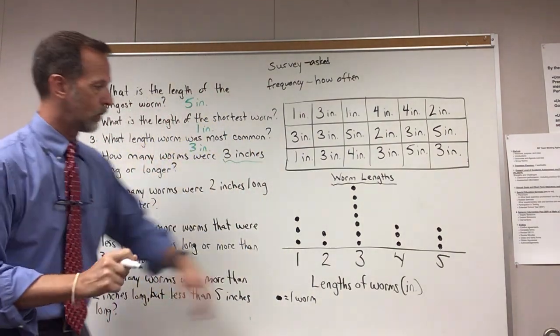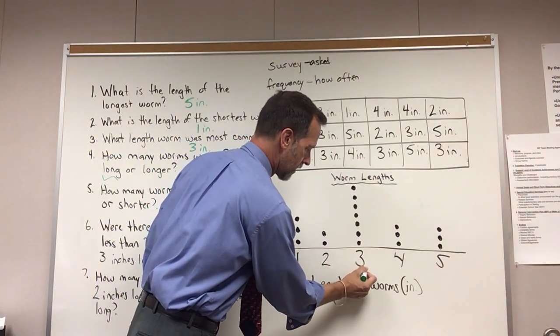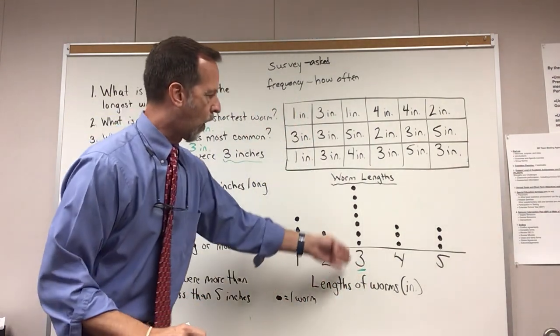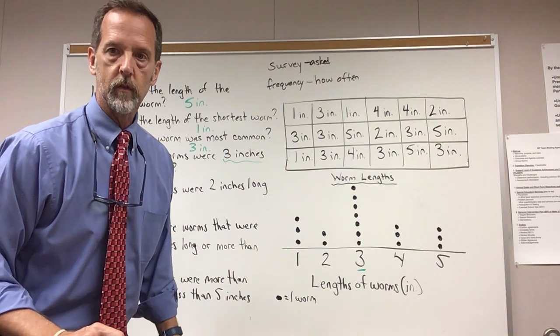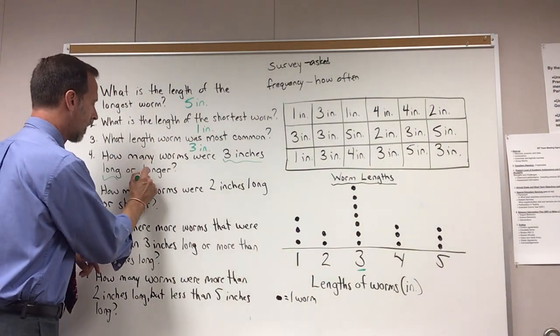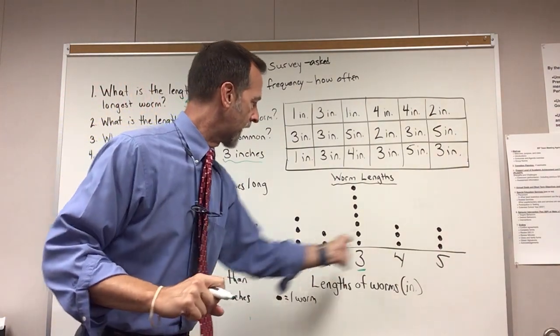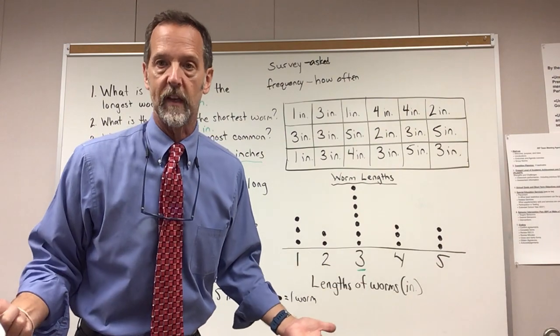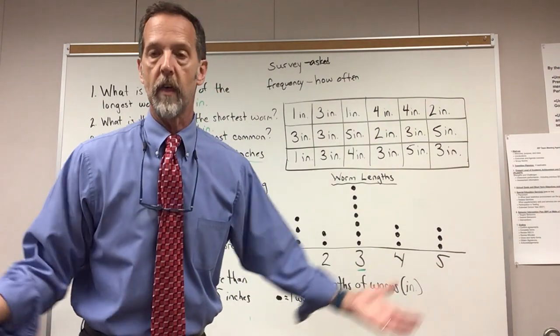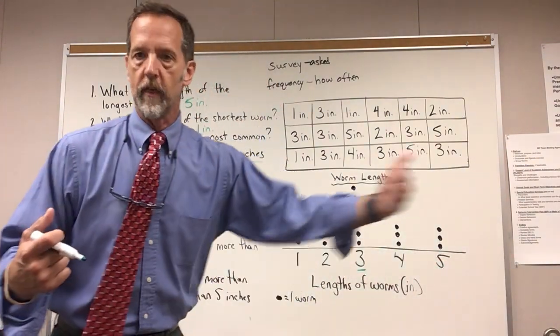So I'm going to go to the 3. This is where I'm going to start, right here. I have to count all of those 3-inch long worms. But I've also got to count any worms that were longer. Well, what's on my line plot? What's longer than 3? Which numbers are longer than 3? 4 and 5 are longer than 3 as well.